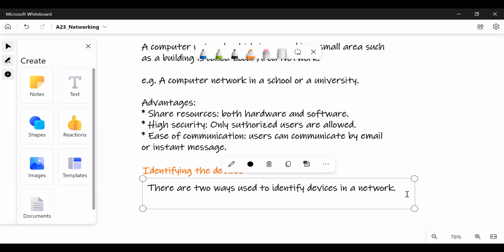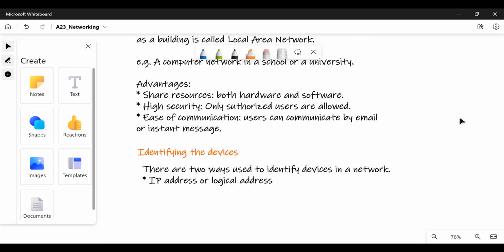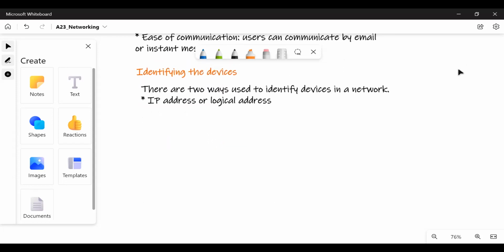The first technique is we can use the IP address, or what we call the logical address. We have already discussed this idea earlier as well. It's called a logical address.